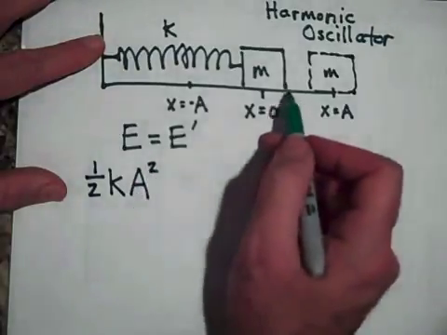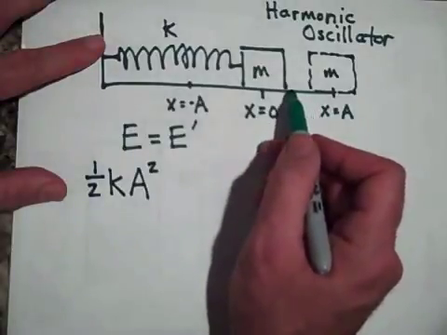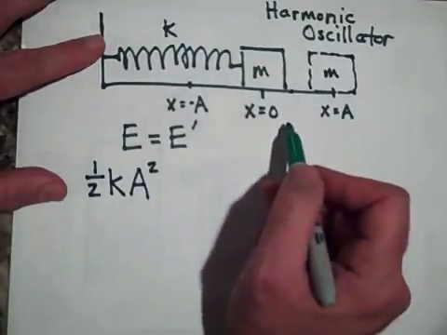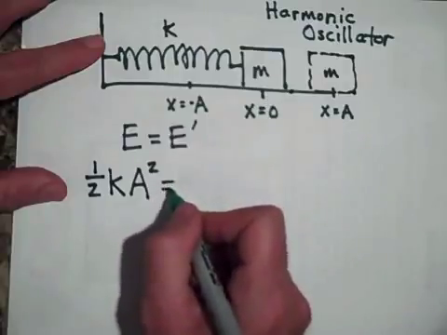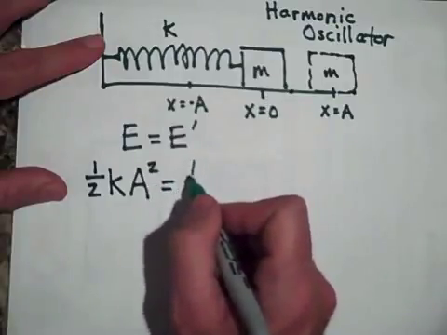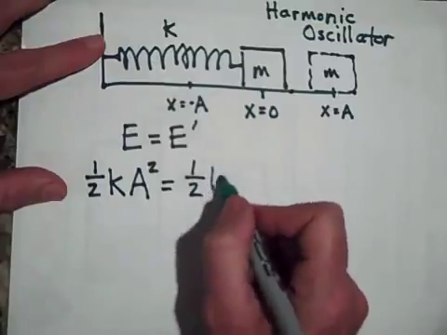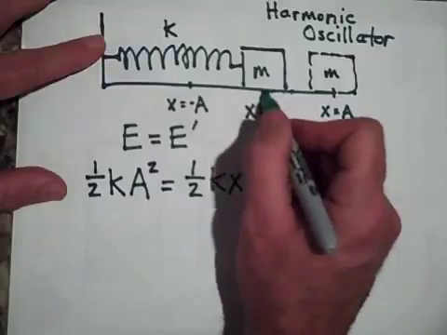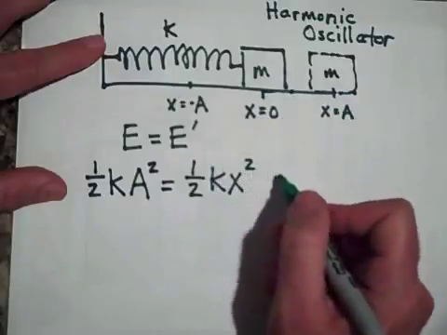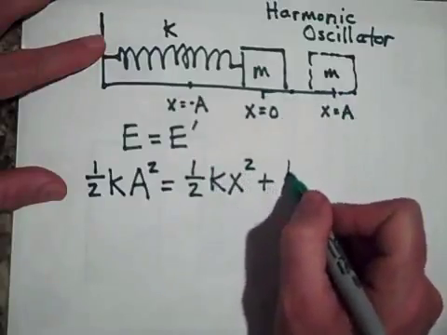At any other intermediate time, say right here, it's going to have a little bit of potential energy stored in the spring. This time that's x, because it's not all the way out at A. But it's also going to have some kinetic energy.